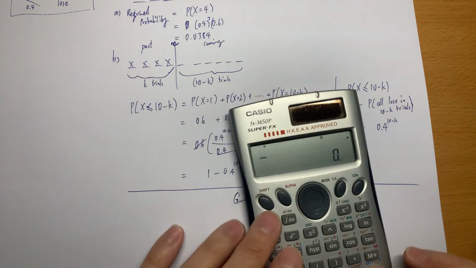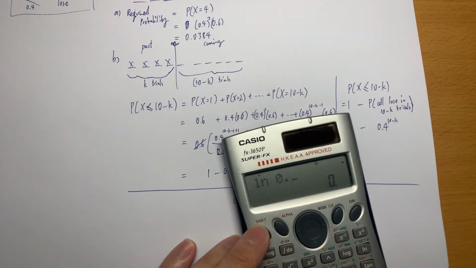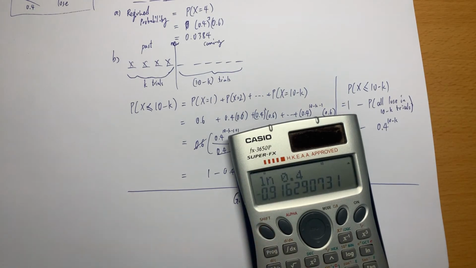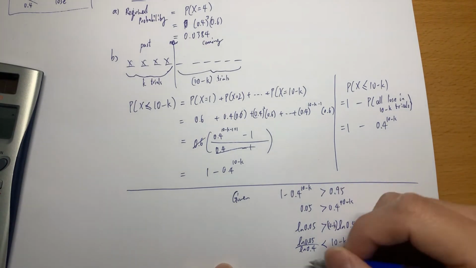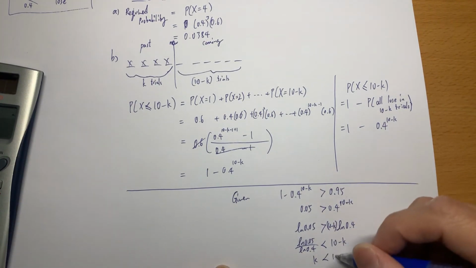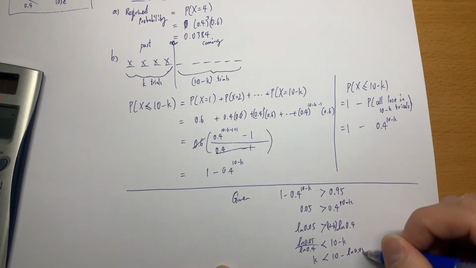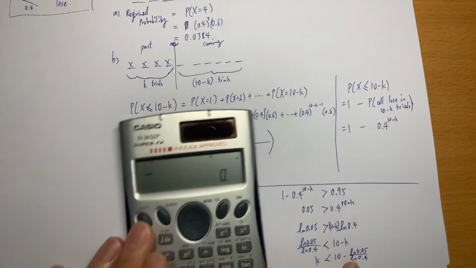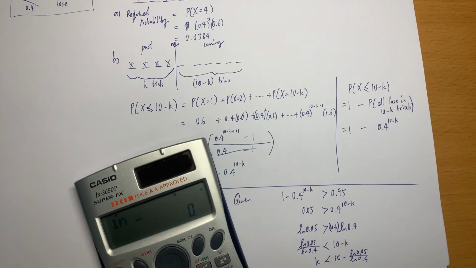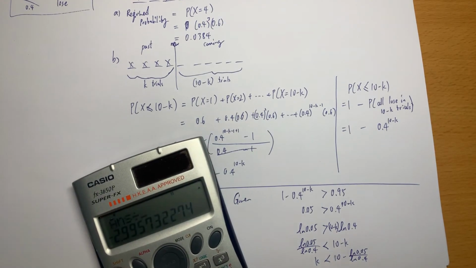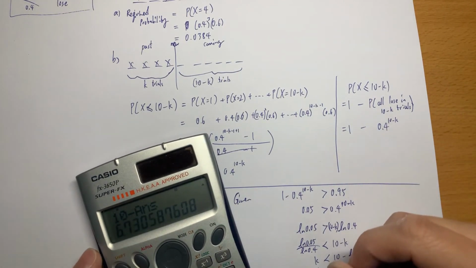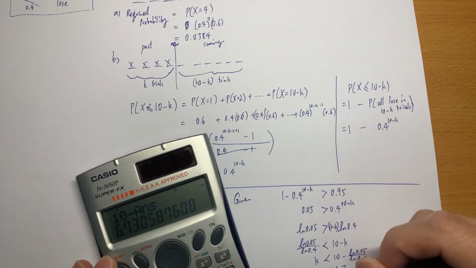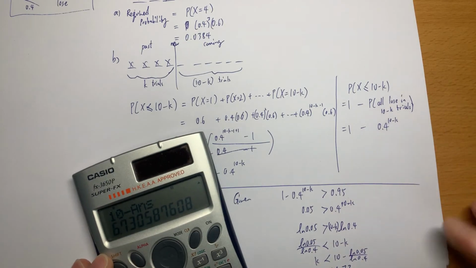And don't forget that ln 0.4 is a negative value, so it triggers you to change the sign. So k is smaller than 10 − ln 0.05 divided by ln 0.4. So we just use the calculator. So k is smaller than 6.73 something.